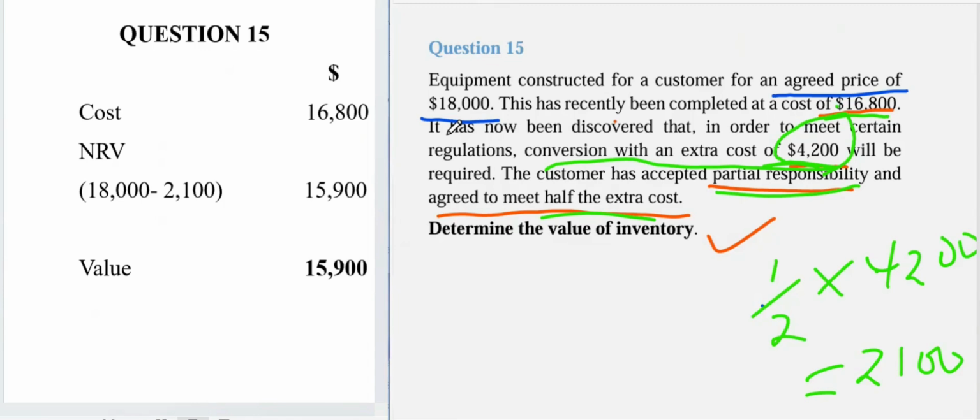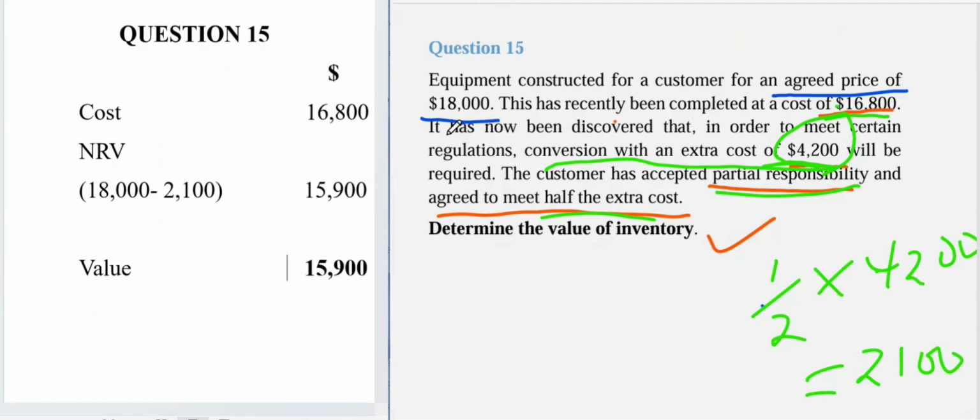And even with that, we are told that the customer will take half of it, so we will take only the half. So we find half of the 4,200 and you get 2,100. And that becomes your conversion cost. So if you want to get your NRV, your sales proceed minus any conversion cost or any extra cost, we just deduct and we have the 15,900. We pick the lower, right?